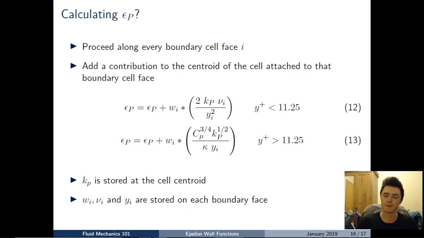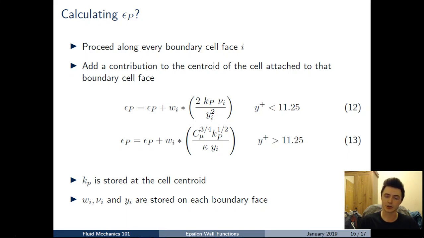And we can see here that the contribution is multiplied by the weight, Wi, which of course if the cell only has one boundary cell face is 1, and if we have more than that it will be 1 over n. And it's important to remember as we go through here where the variables are stored. So Kp, the turbulent kinetic energy, is stored at the centroid of the boundary cell itself.